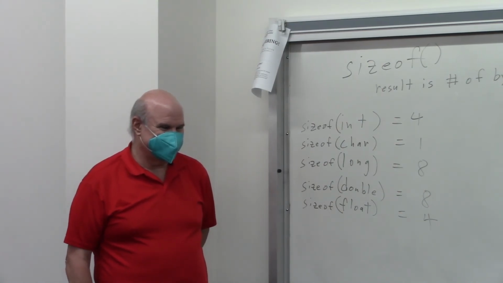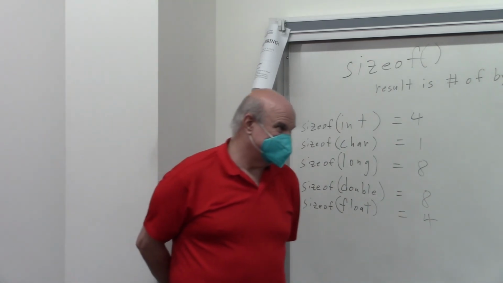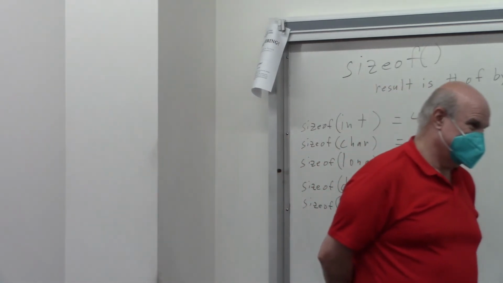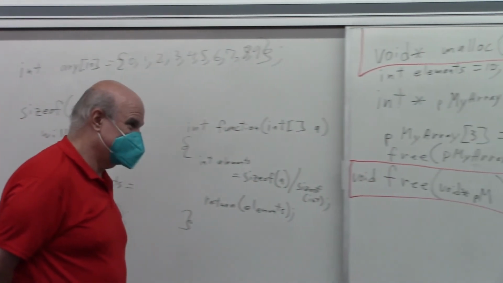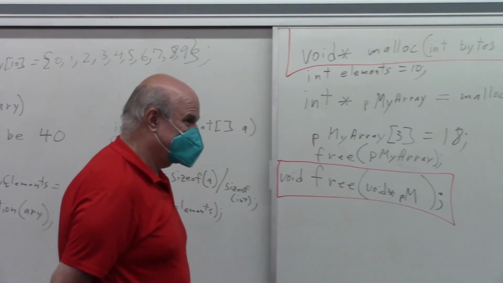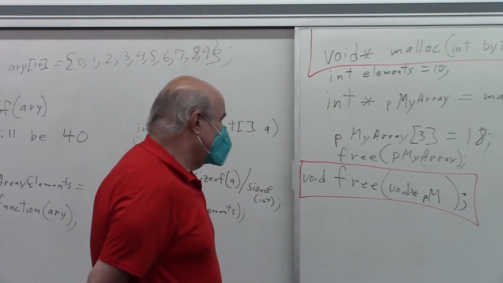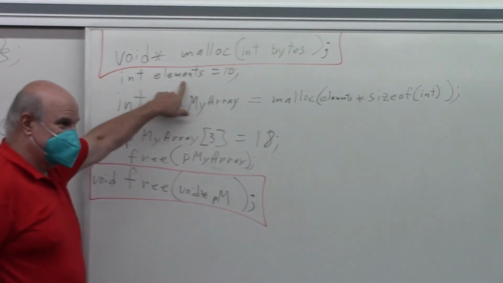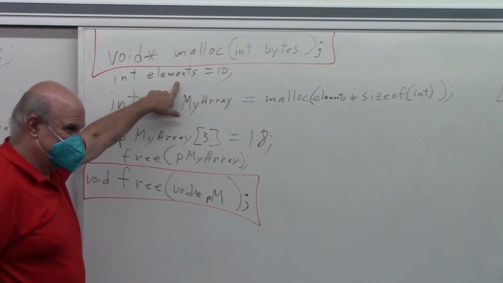When would it be advantageous to use the declaration of an array using malloc instead of just normally declaring it in my array? When you don't know the number of elements.